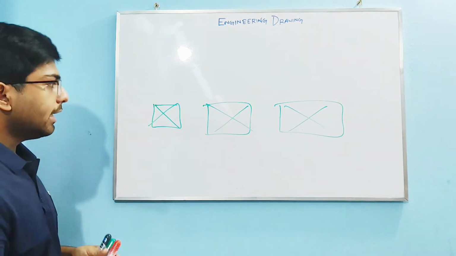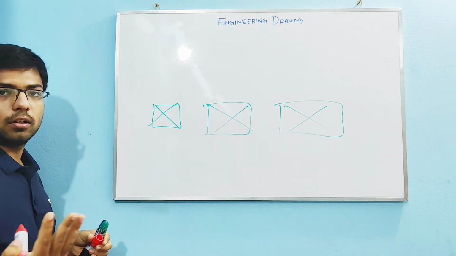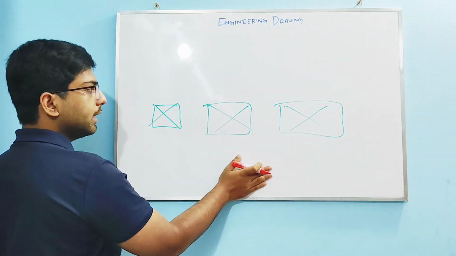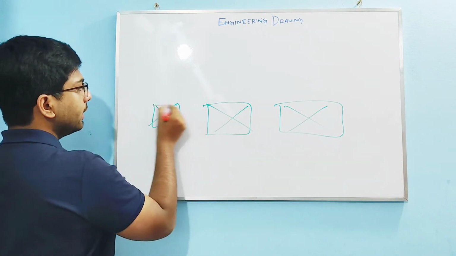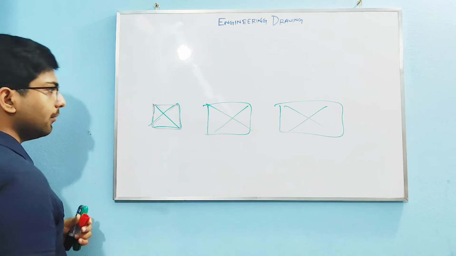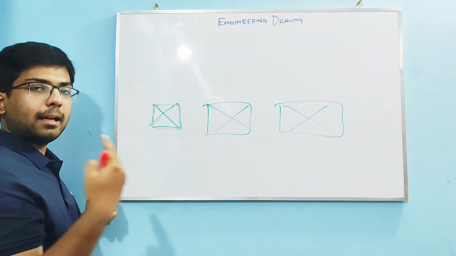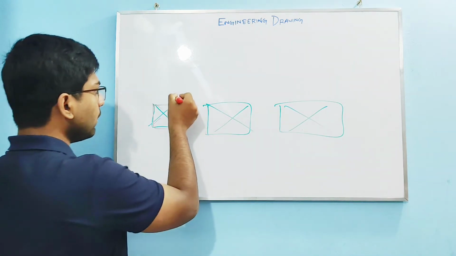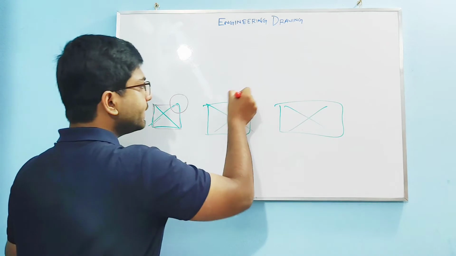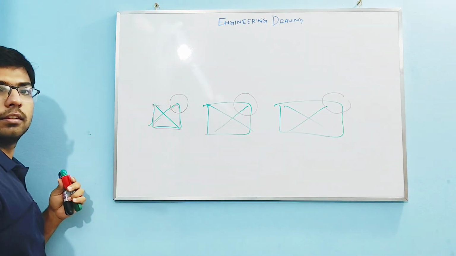Now, if I change my original block, the block we have created to draw this object, for example, this is one rectangle and there is a cross. In my original block that I have created in AutoCAD, if I add a circle here, all these three will be converted or changed.